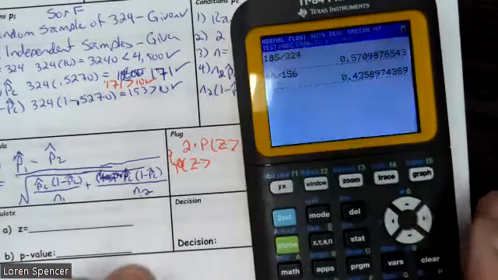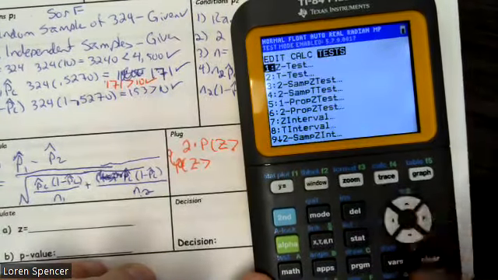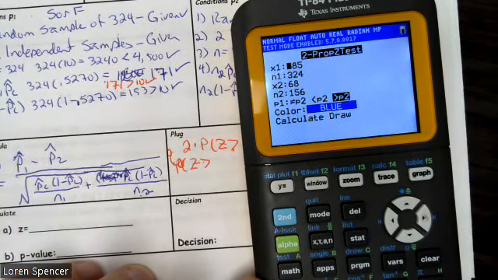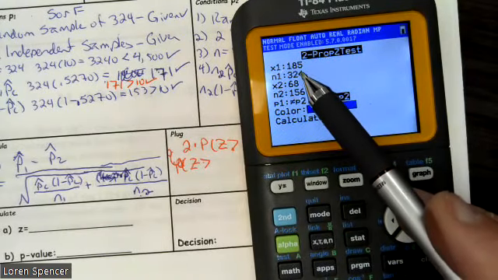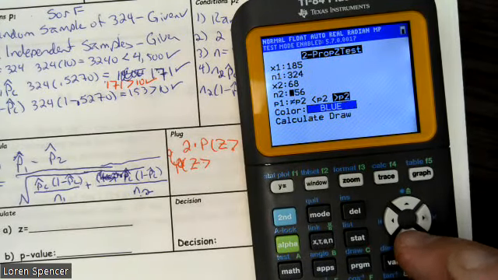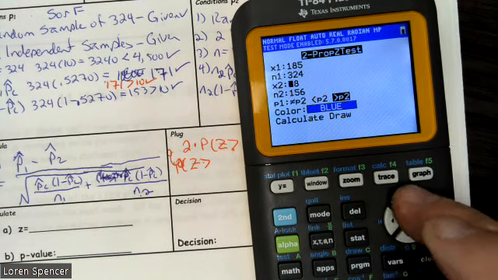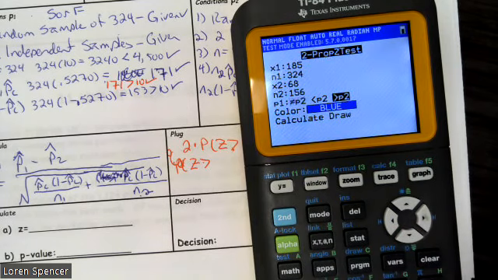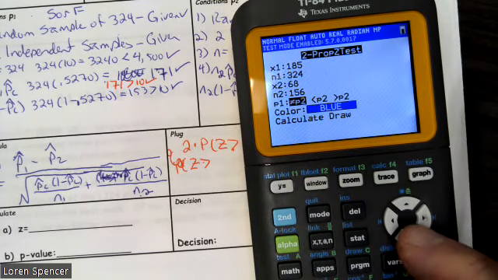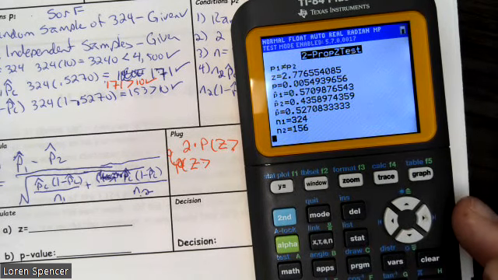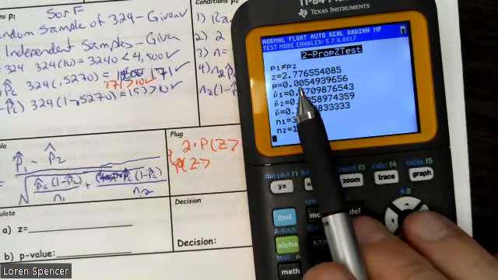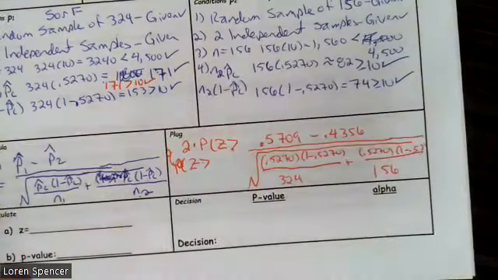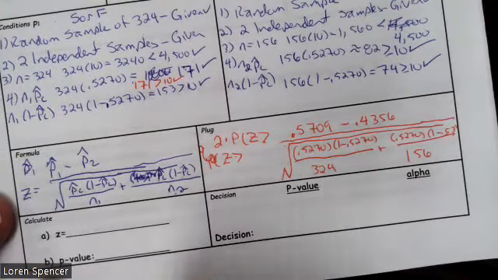So let's run this thing. Stat test number 6, which is the 2 proportion Z test. We have 185 chose Seinfeld out of the 324, and then 68 out of the 156 chose Seinfeld when they changed the question order. And we need a not equal to. And we're going to calculate. We get Z equals 2.77. Remember, since I have a 2 times, I need to have the 2 times here.